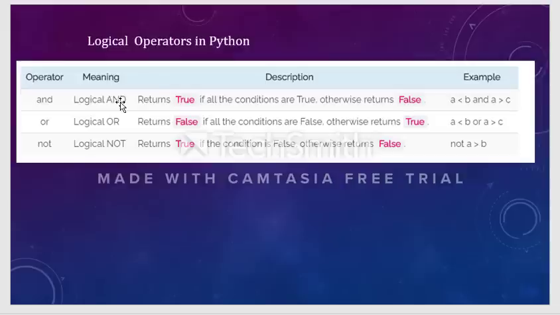If I want to make sure that both the conditions are true, then I should use the logical AND operator in between the expressions. So you can see the description: it returns true if all the conditions are true. If both the expressions are true, then only you will get the total result as true, otherwise false.